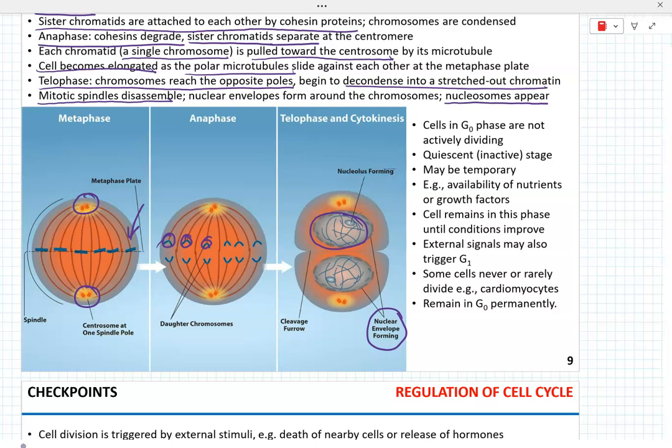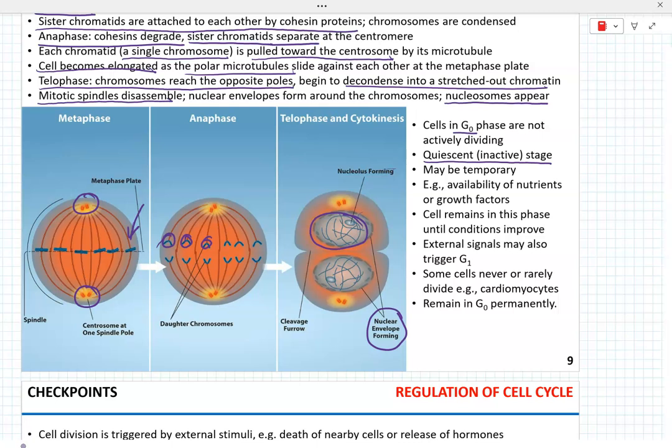There is a special phase for some cells that are not actively dividing, called G0, so-called quiescent or inactive stage. It may be temporary or permanent.